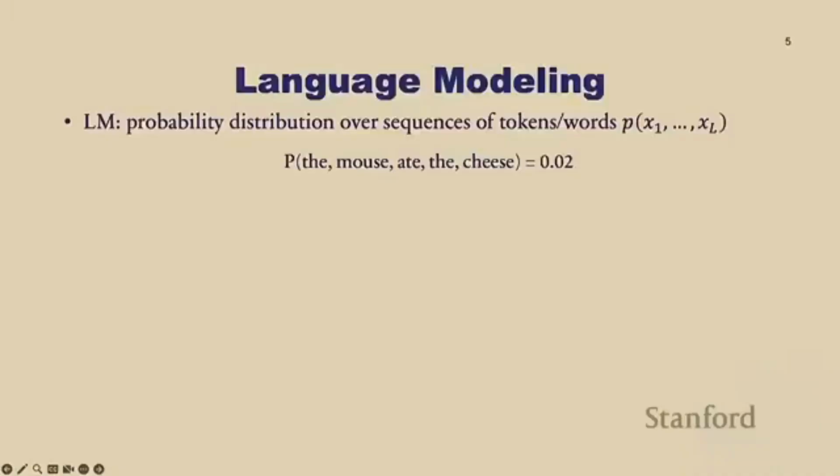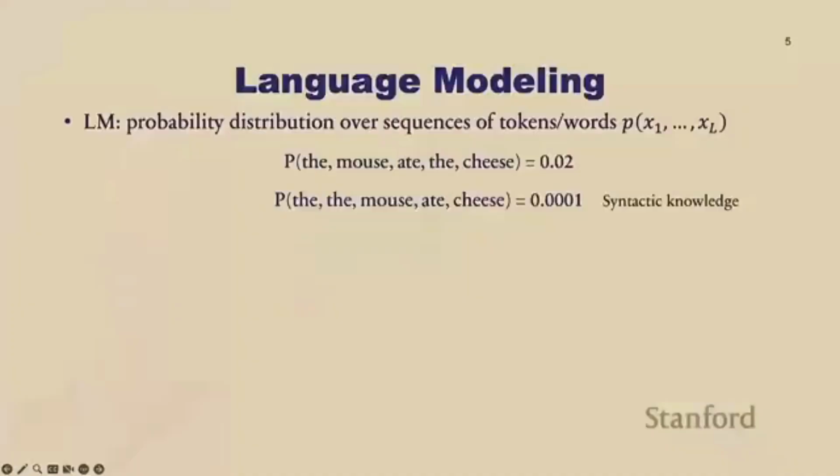Very concretely, if you have a sentence like "the mouse ate the cheese", what the language model gives you is simply the probability of this sentence being uttered by a human or being found online. If you have another sentence like "the mouse ate cheese", here there's a grammatical mistake, so the model should have some syntactic knowledge, it should know that this has less likelihood of appearing online.